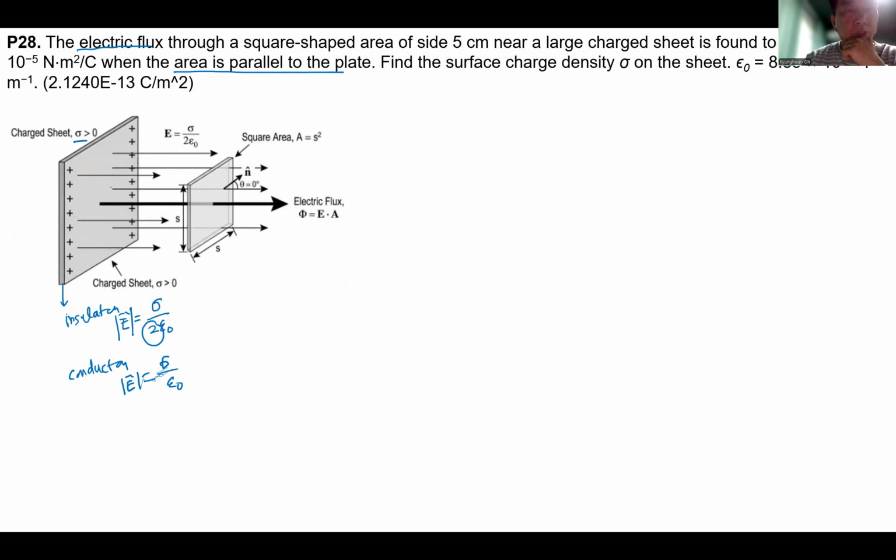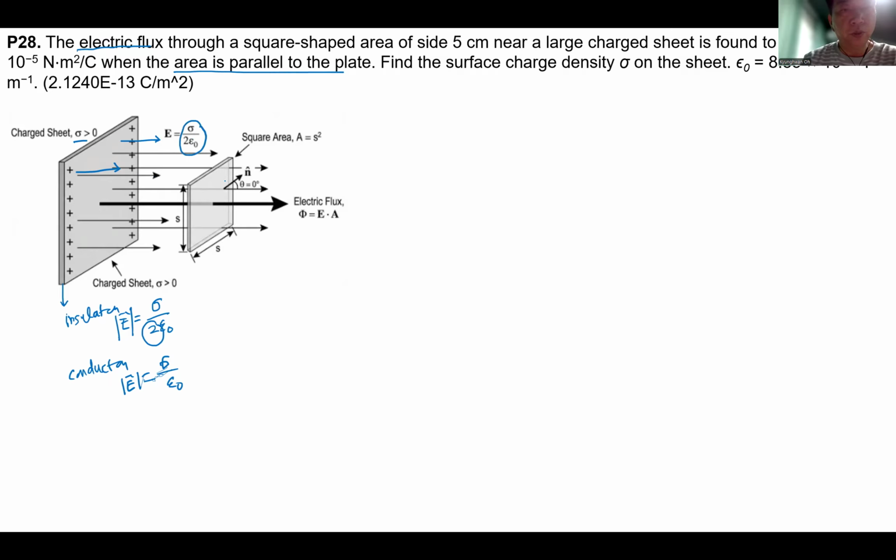So here is the case. You need to visualize the electric field coming out of this charged plate. The electric field would be given by sigma over 2 epsilon naught, which means it does not depend on the position. Everywhere it is the same, sigma over 2 epsilon naught.